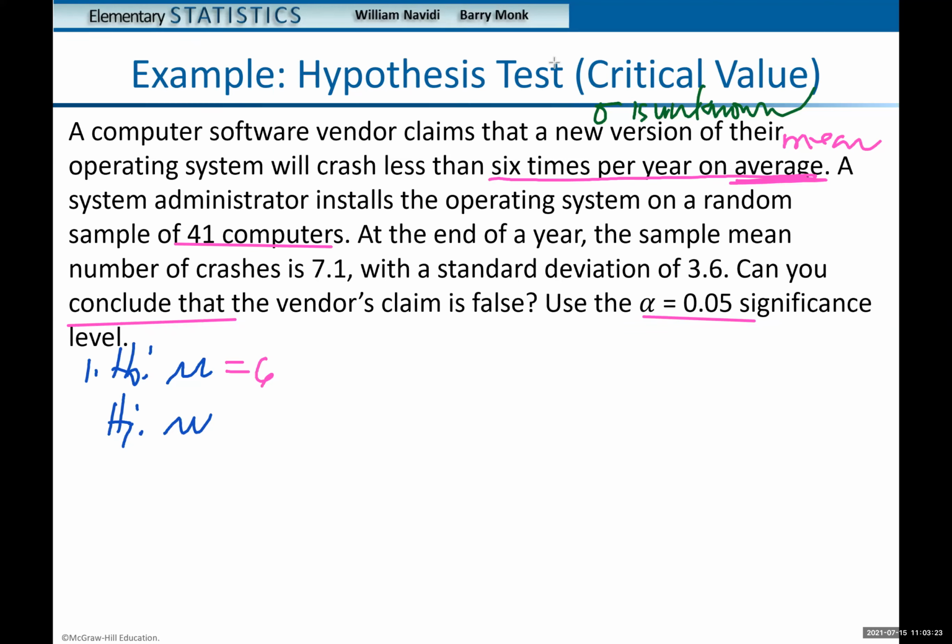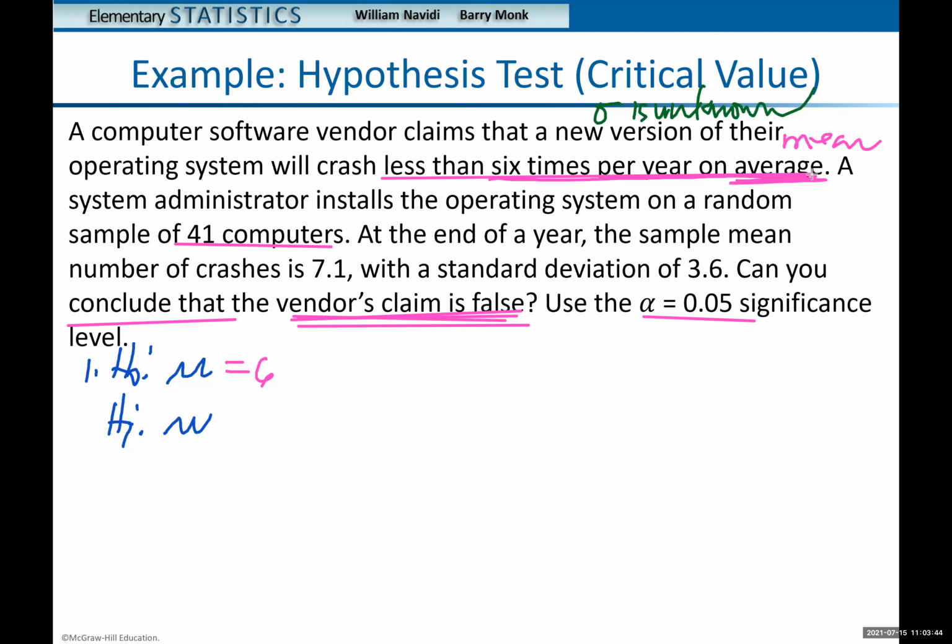This is also very important. It says here, can you conclude that the vendor's claim is false? What is the claim? The claim is that it is less than 6 times per year on average, right?